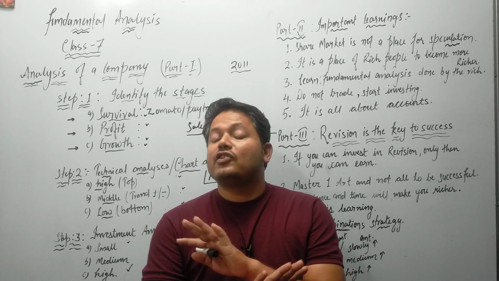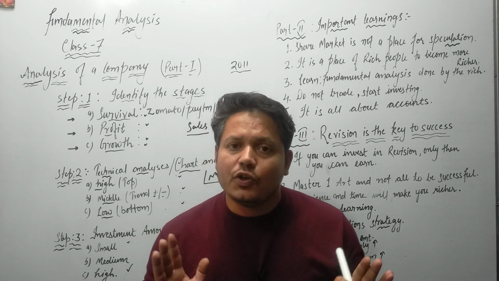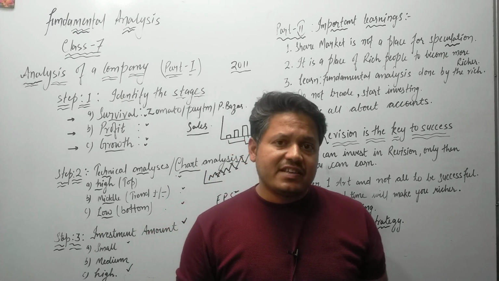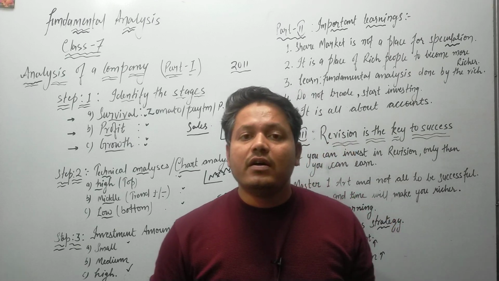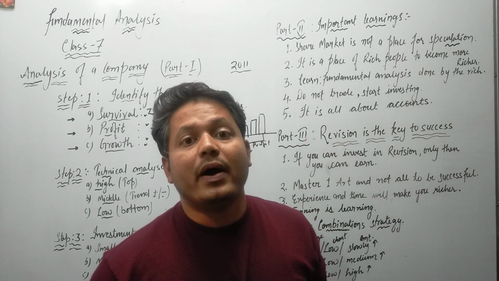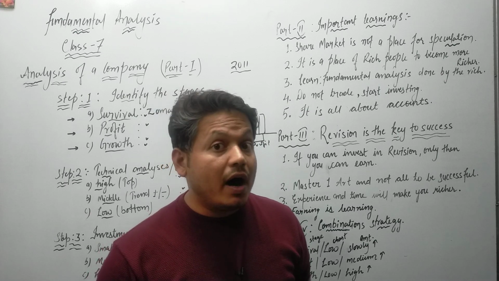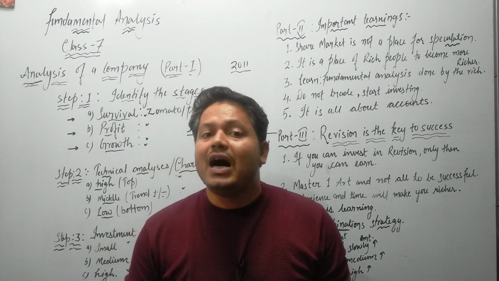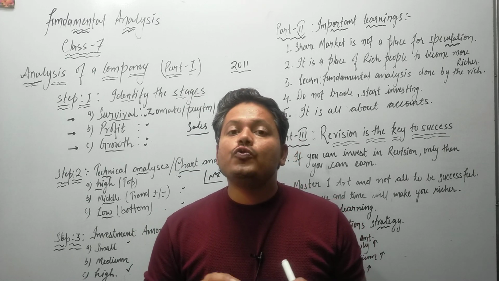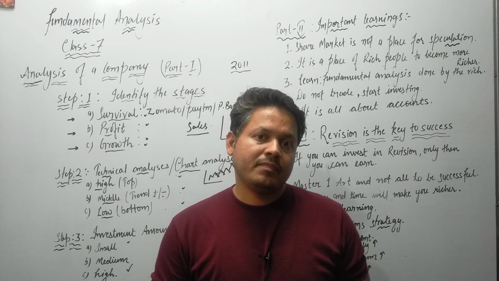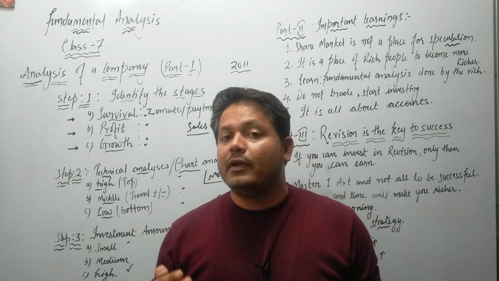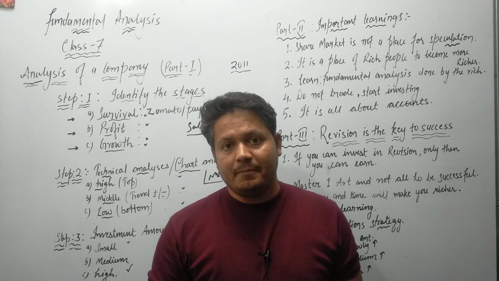So share market is not a place for speculation. This is a place to invest, to study, to learn and to grow your money and not to earn money. The people who come to stock market to earn money lose all the money. Understood? This is a place for the rich people to become richer.